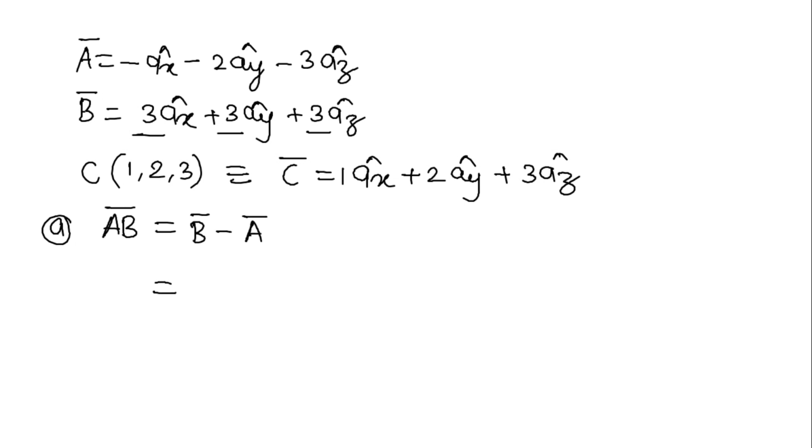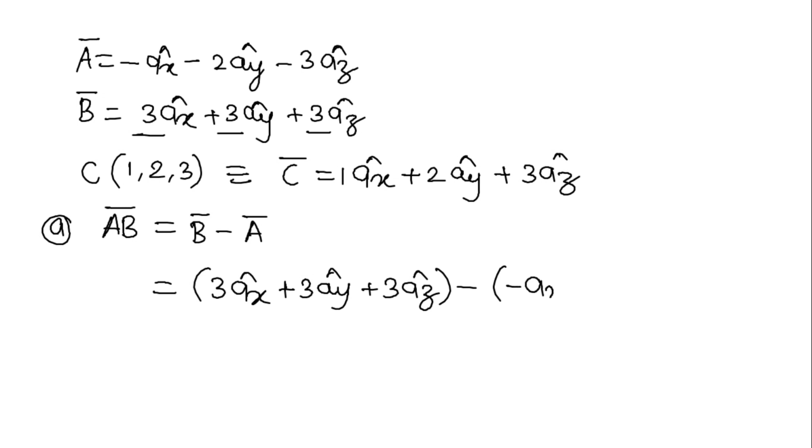So we can put the vector B in parenthesis, that is 3 times ax cap plus 3 times ay cap plus 3 times az cap, and from this we subtract the vector A, that is minus ax cap minus 2 times ay cap minus 3 times az cap.